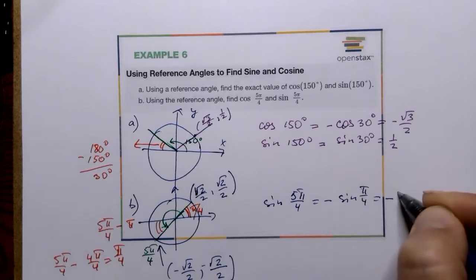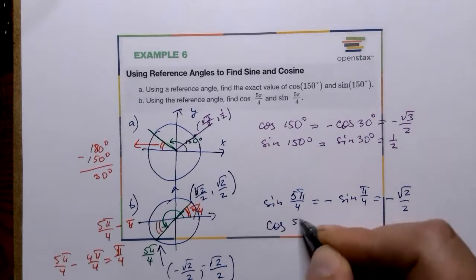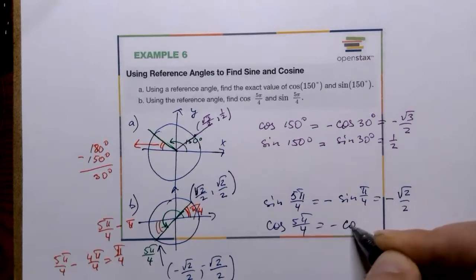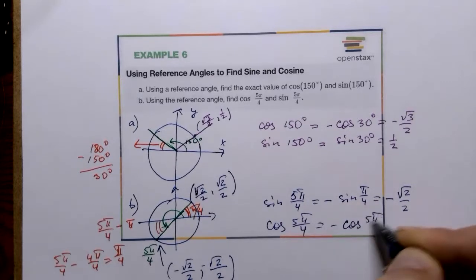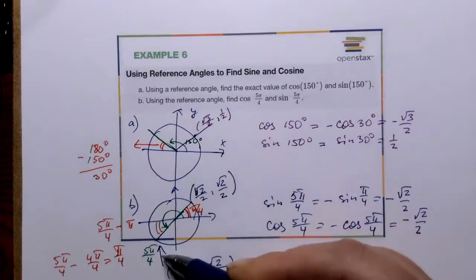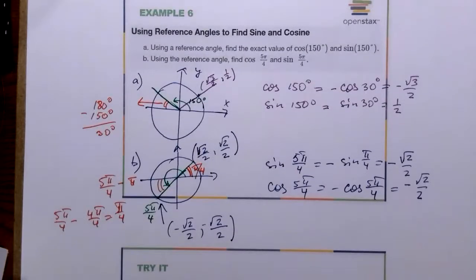So it's going to be negative square root of 2 over 2. Same goes for cosine. So negative root of 2 over 2. So that's how you can figure out the function values in different quadrants.